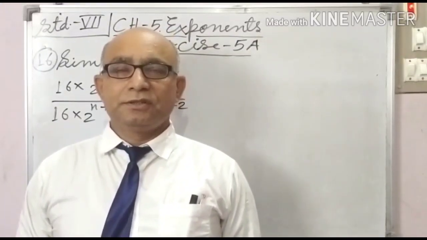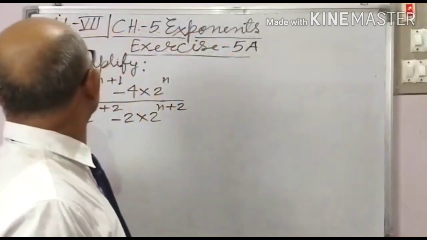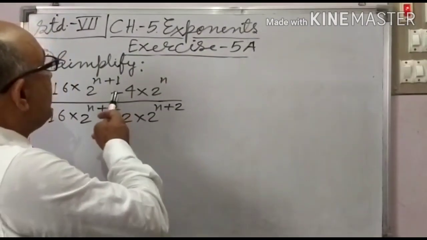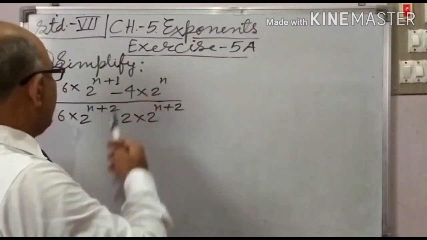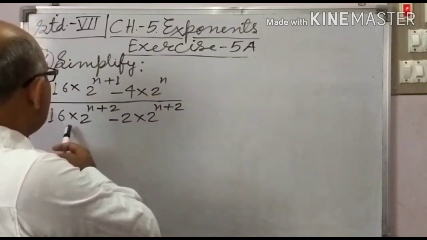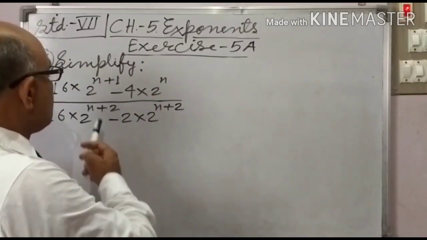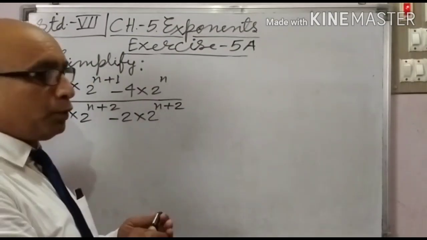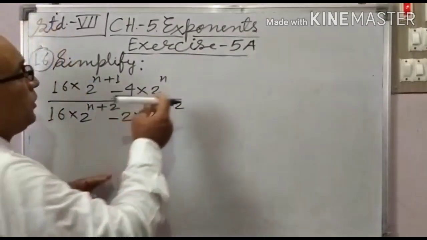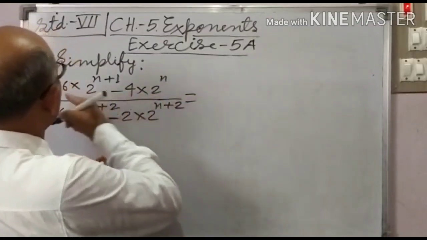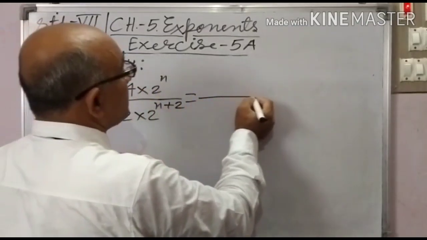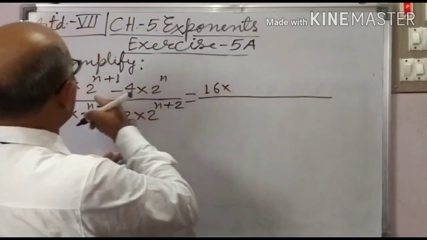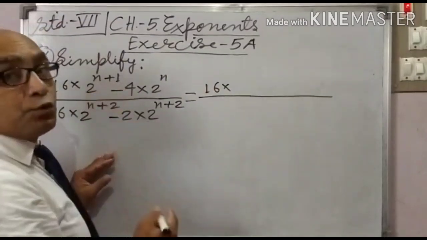Students, next question. Question number 16. Simplify 16 into 2 to the power n plus 1 minus 4 into 2 to the power n, divided by 16 into 2 to the power n plus 2 minus 2 into 2 to the power n plus 2. So equals 16 into 2 to the power n plus 1.